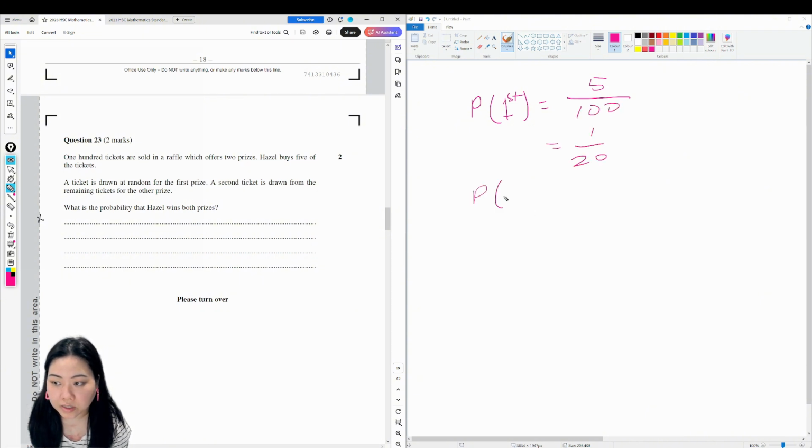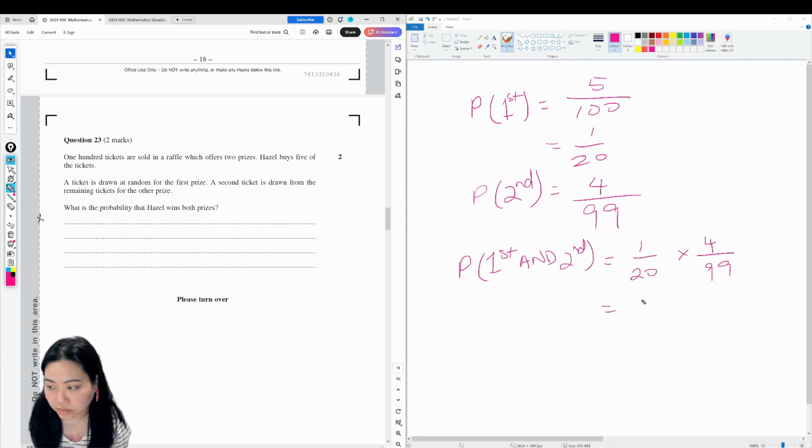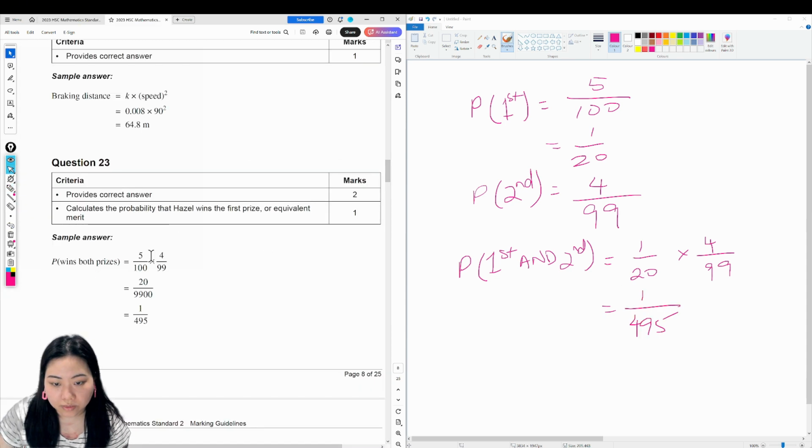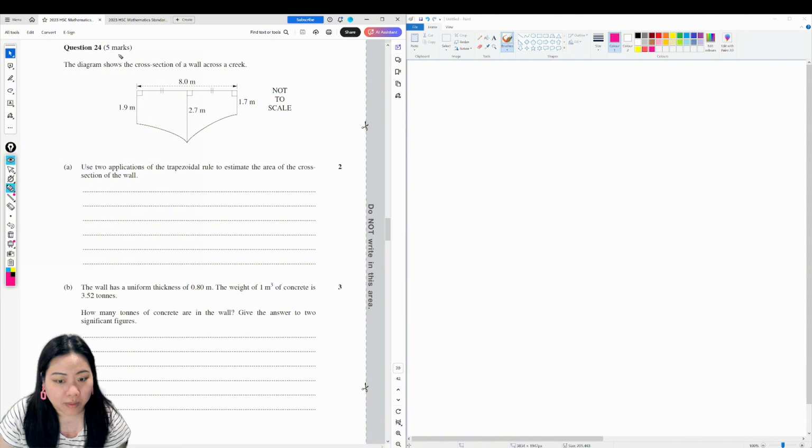The probability that she'll win the second is 4 out of 99. Therefore, the probability of getting the first and the second is going to be a pretty small probability, which means we multiply these fractions. 1 over 20 times 4 over 99. 1 out of 495 chance. Let's check it. There we go. 5 out of 100 times 4 out of 99. 1 out of 495.